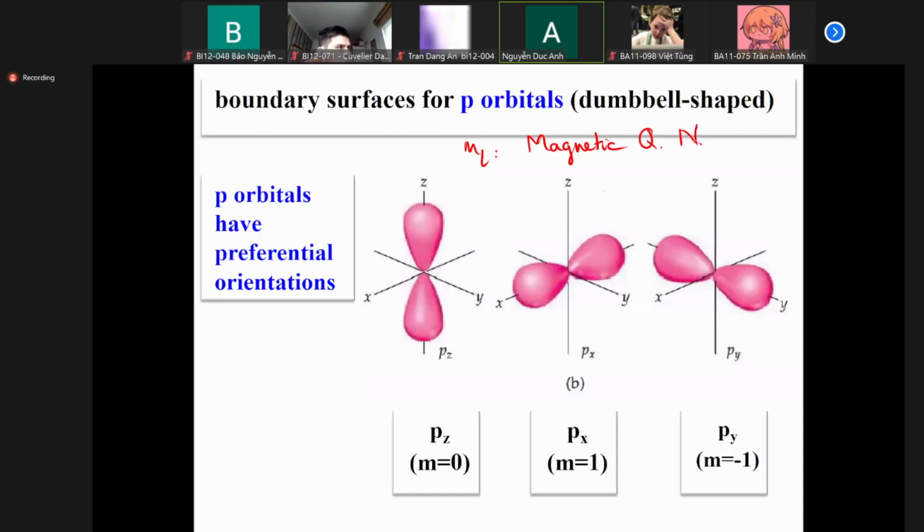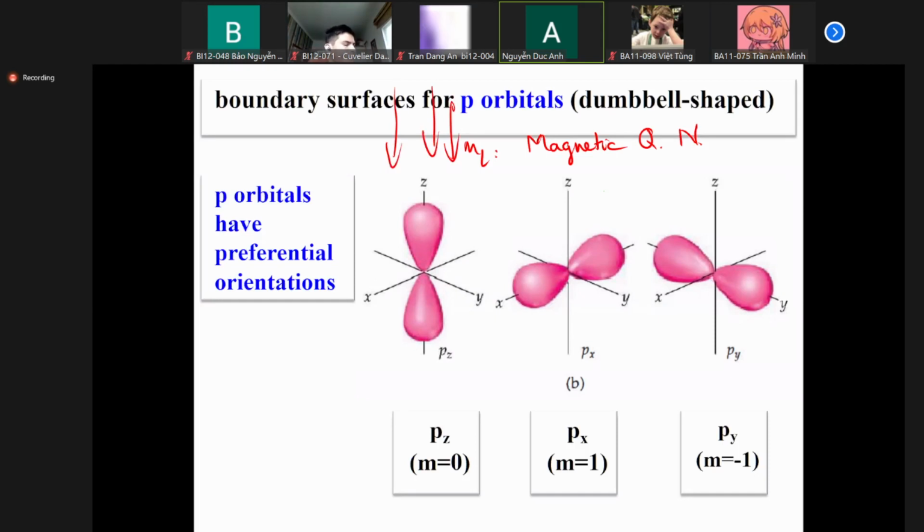It means the orbitals have intrinsic magnetic properties of their own. So consider the case where there is a magnetic field from outside that affects the atoms.